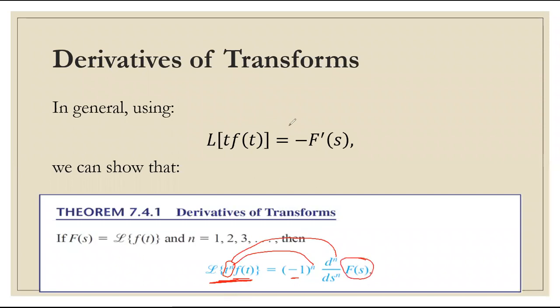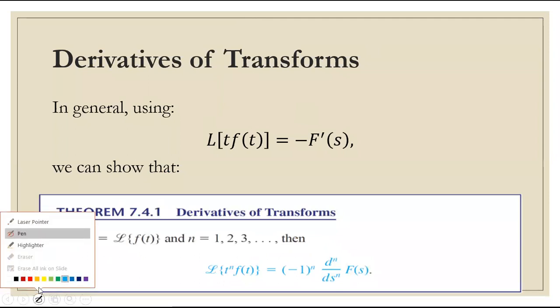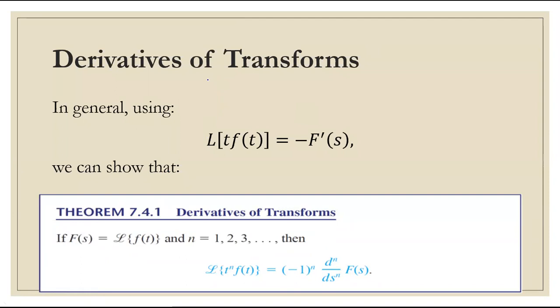Okay, let me write here the rule for t squared. Let us check. Can we do that? So I need now the Laplace transform of t squared times f of t. What do you think about this?